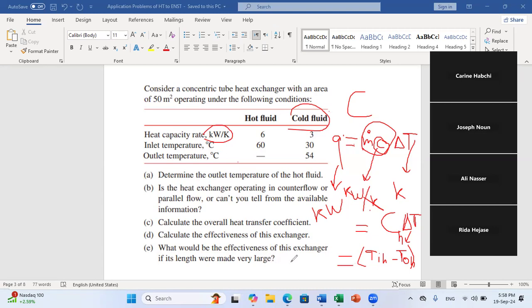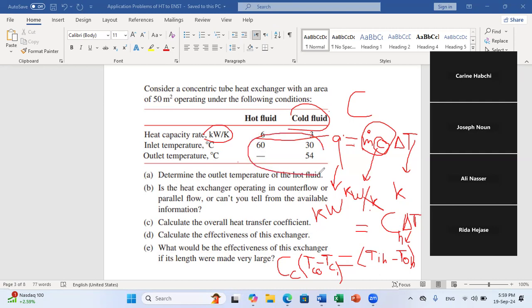So it's big C of the cold fluid, and now since the temperature of the cold fluid will increase, it's (T cold out minus T cold in). So already, as you can see, they gave us a big C of cold and hot, and we have all temperatures except one.